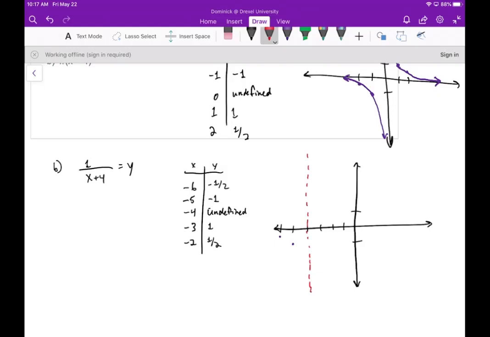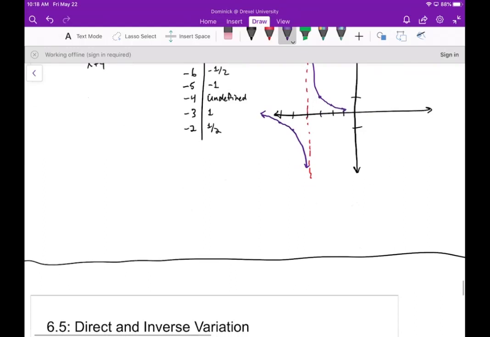And we'll talk more about that later on. And then at -3, we have +1, and at -2, we have 1/2. So we're going to get essentially the same kind of deal as before, like I said, except we're just now shifted over. So something like that. Okay, so that concludes this video on increasing and decreasing functions.